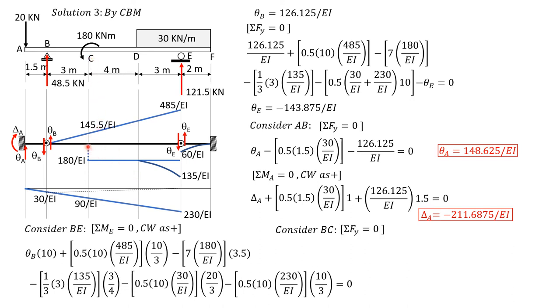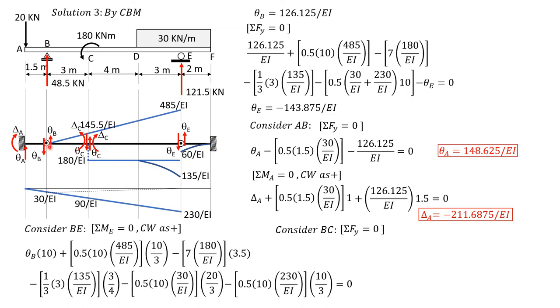So we put downward here, summation forces Y equals 0. So theta C is down to be positive, and for the right section up, and the positive deflection is counterclockwise. So for the other side, up and clockwise. But we consider only BC first, summation forces Y equals 0.